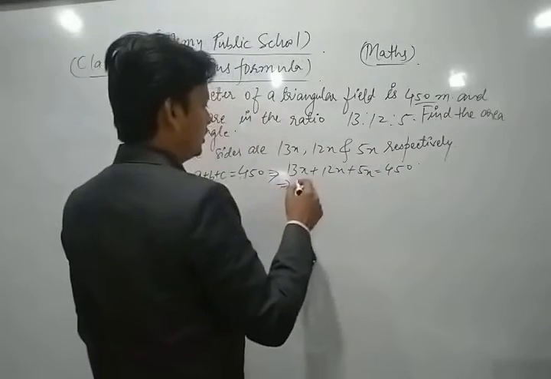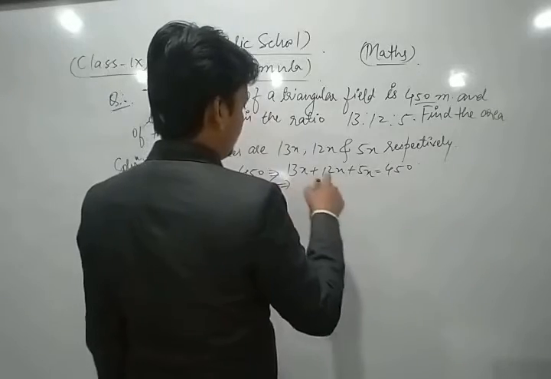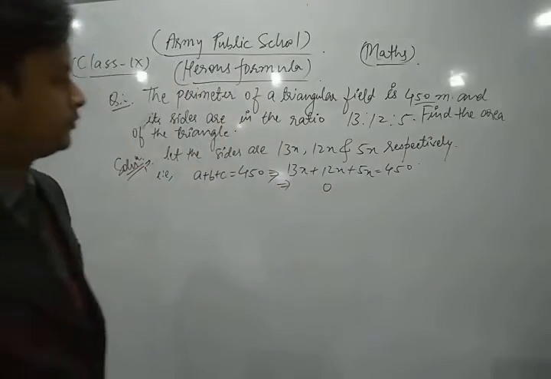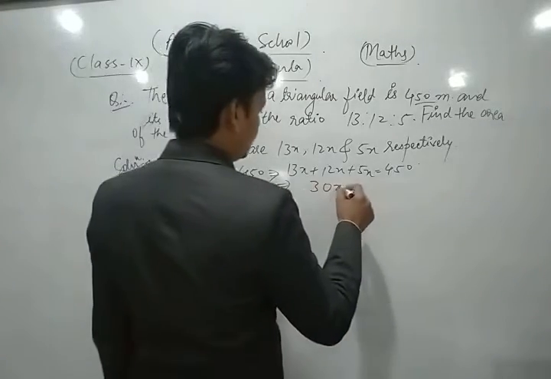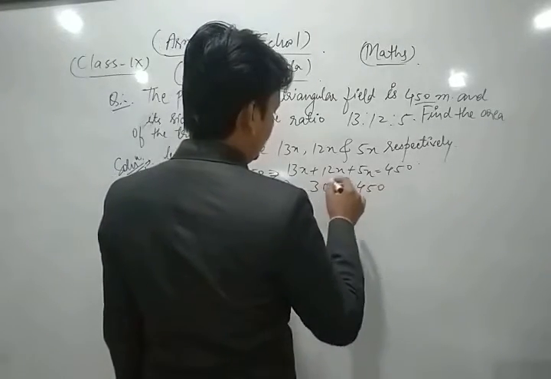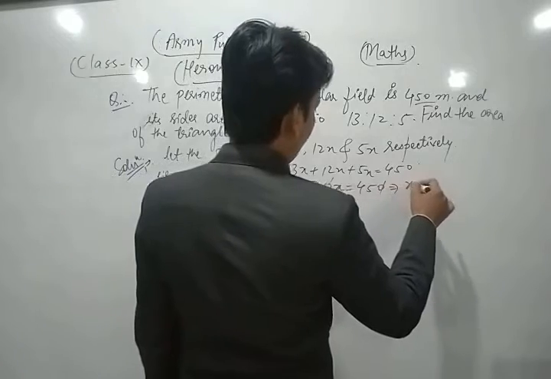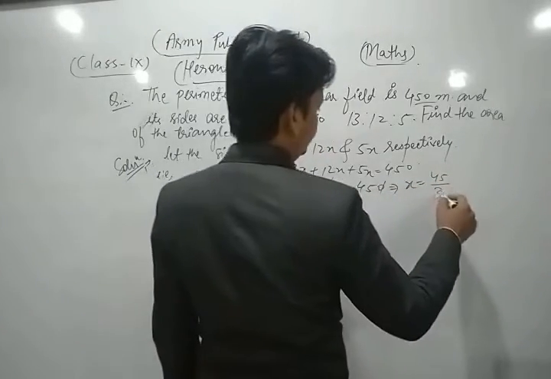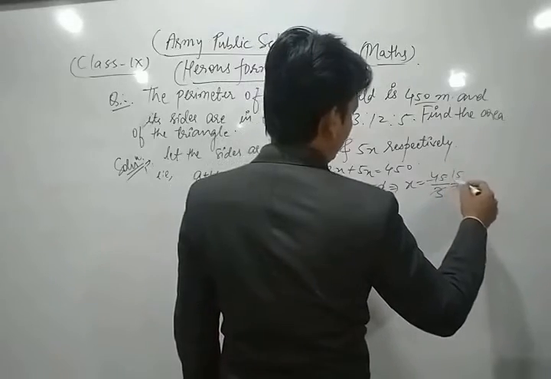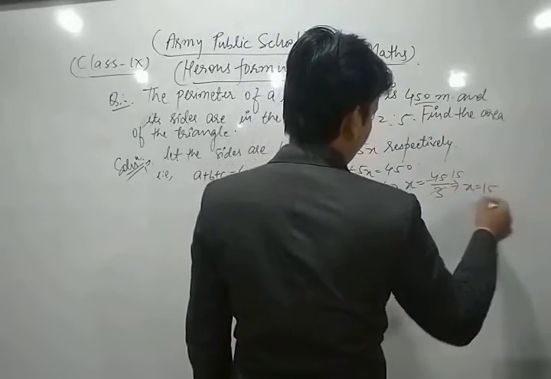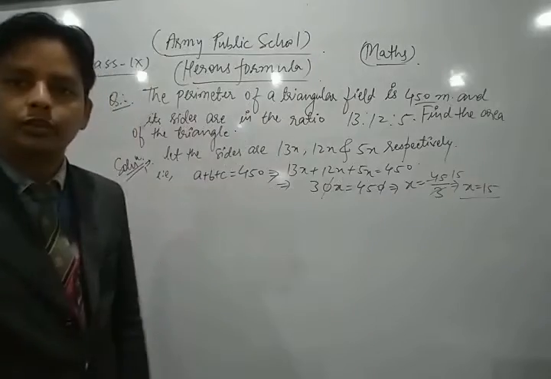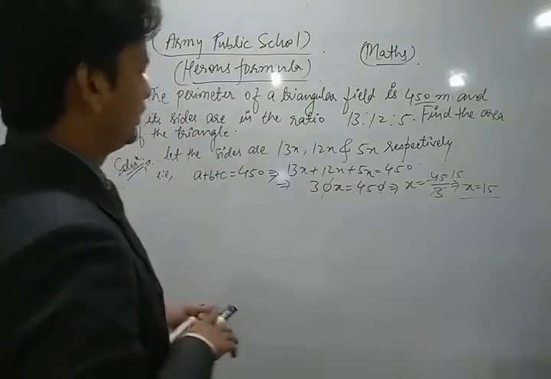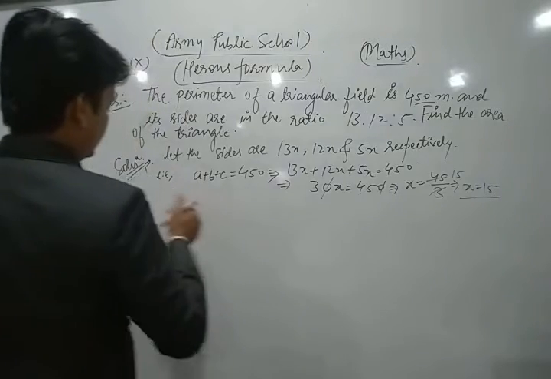So 30x is equal to 450, the zeros cancel each other, and x is 45 upon 3. Thus the value of x is 15.